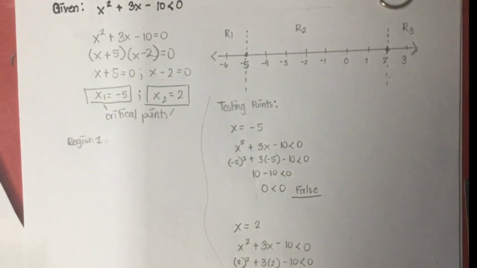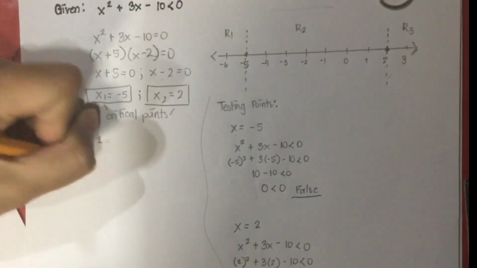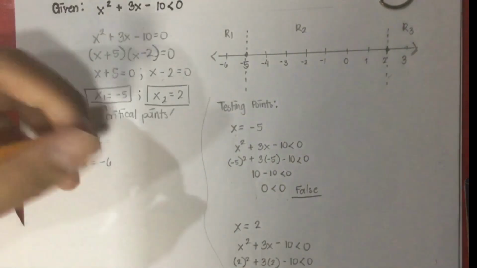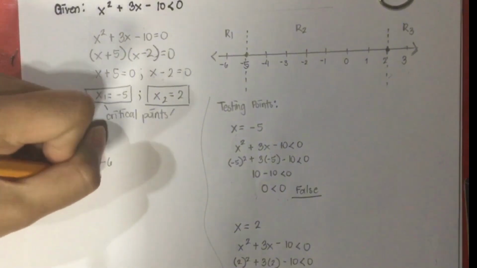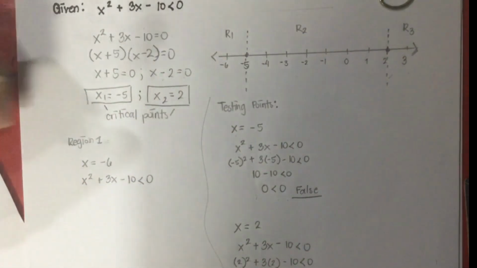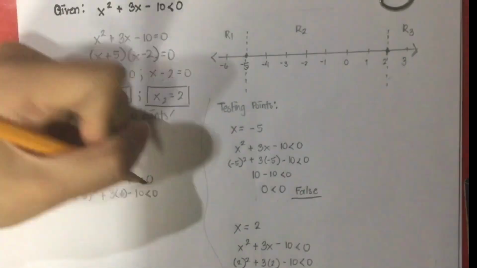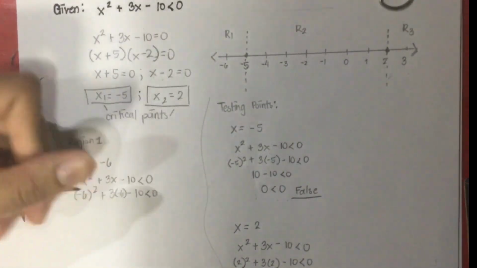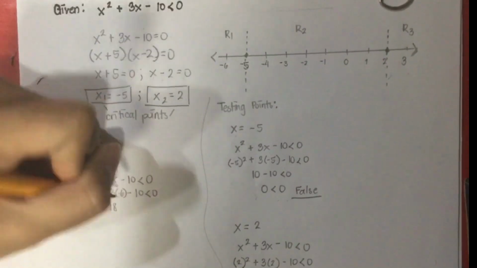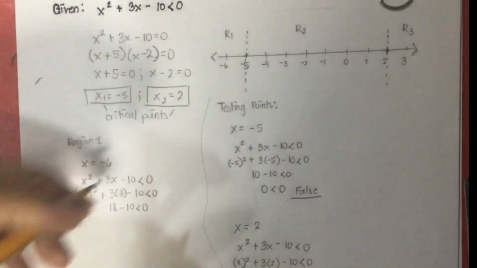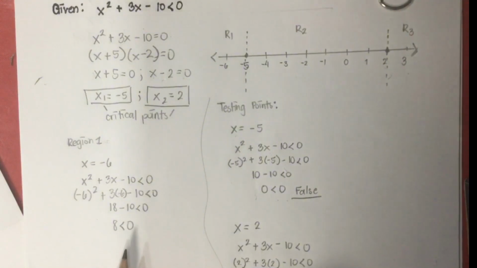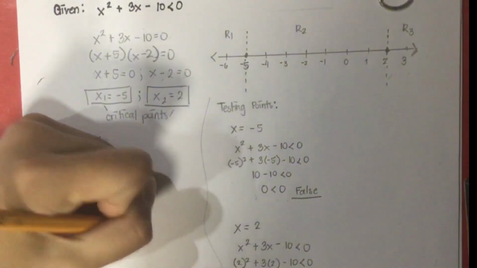I'll be choosing negative 6, so x is equal to negative 6. We do the same thing as we did in the testing points. We copy the given, x squared plus 3x minus 10 is less than 0, then replace x with negative 6. Negative 6 squared plus 3 times negative 6 is 18, minus 10 is less than 0. 18 minus 10 is 8. Is 8 less than 0? No, that is false.